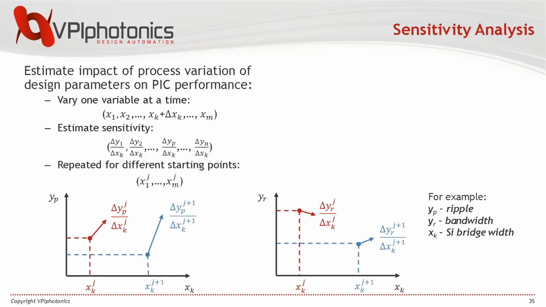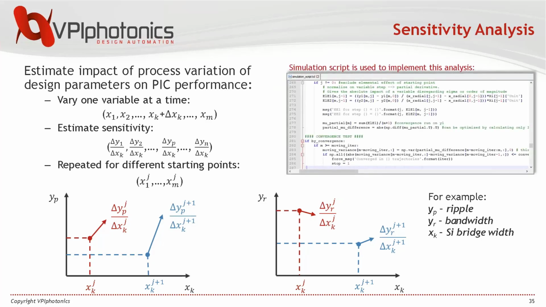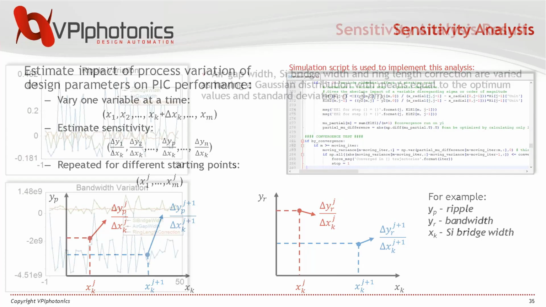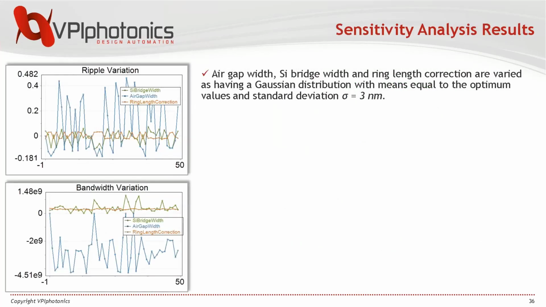Then we repeat this procedure for different starting points. This is already a rather custom kind of analysis, and it depends significantly on your particular case. That's why we use a simulation script. Only part of it is shown here, and it is more sophisticated than just doing optimization. We can see here some results of this sensitivity analysis.